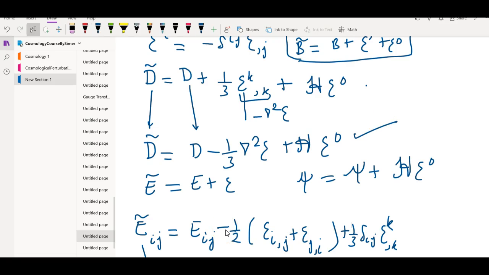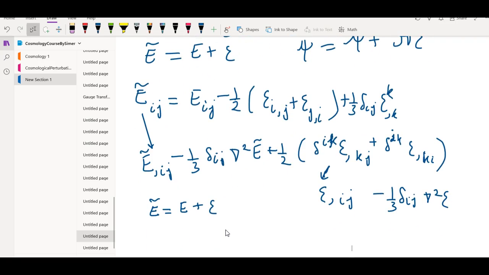Now let us see how e tilde changes. Now e tilde ij I'm going to write like this. That is how scalar is defined. This is basically the scalar part of these two.